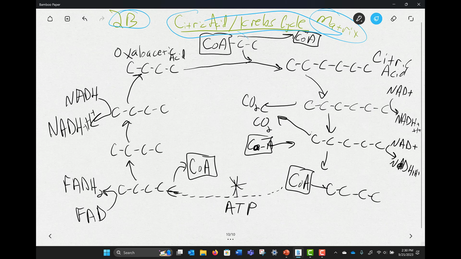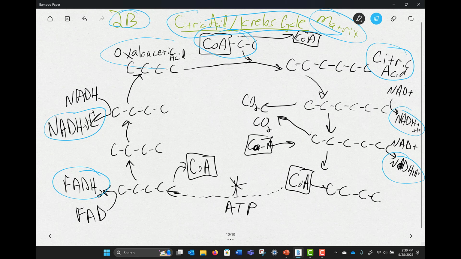We start with a molecule of acetyl-CoA times 2. The first thing we do is produce a molecule of citric acid times 2. We have 1, 2, 3 molecules of NADH plus H plus produced times 2. We have a molecule of FADH2 produced times 2.